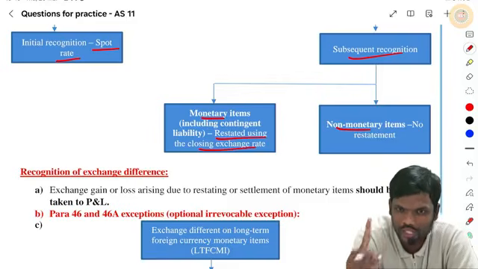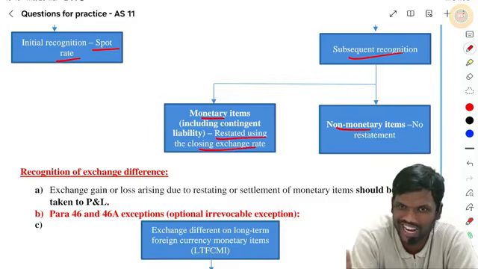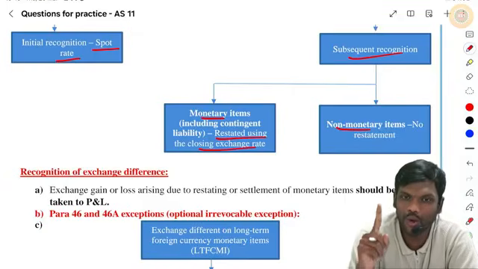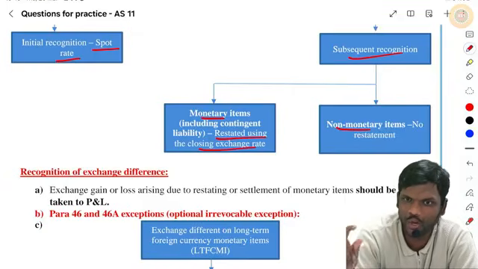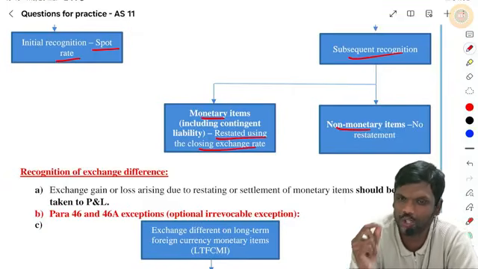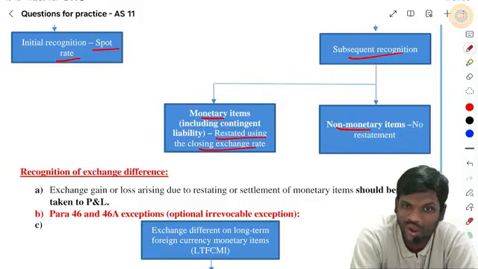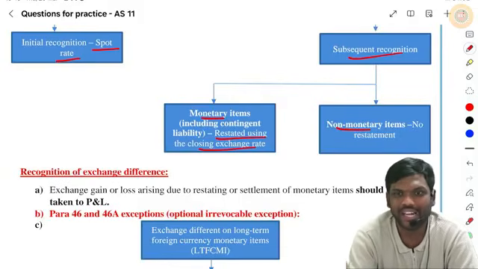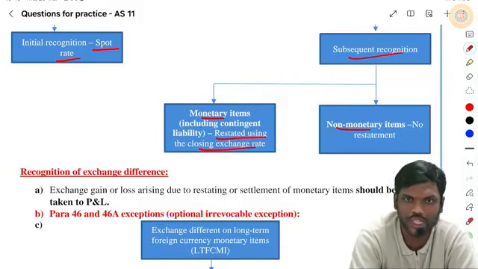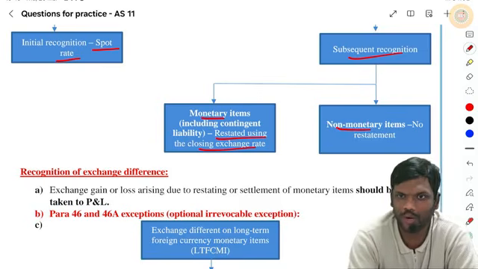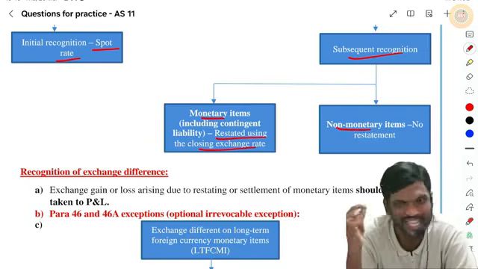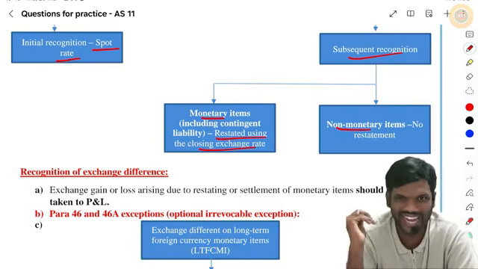On 1st February, when you sold for $1 lakh on credit, you would have passed the entry debtors account debit to sales account. Assume on 1st February, the exchange rate is $1 is equal to 80 rupees. Then it will become 1 lakh into 80. 80 lakhs will be the amount that you will pass for this journal entry. So debtors account debit to sales account, 80 lakhs. Now come to the balance sheet date.